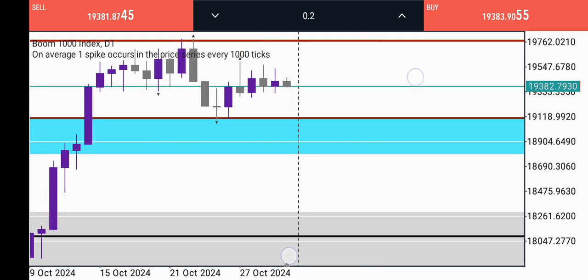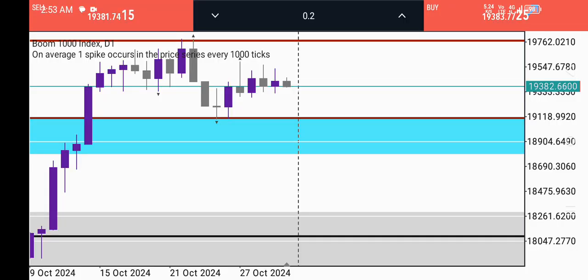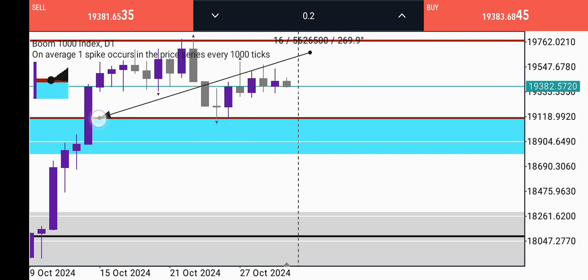On the daily, you see that we have an engulfing candle here, which pushed price into this fair value gap, and it did not pass the middle of this fair value gap. So on the daily too, you still have another bullish scenario, which is in between this PPR.